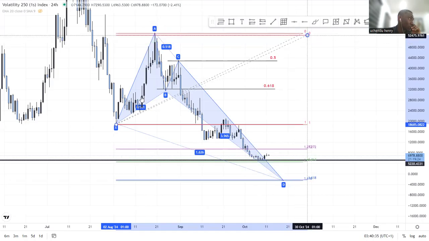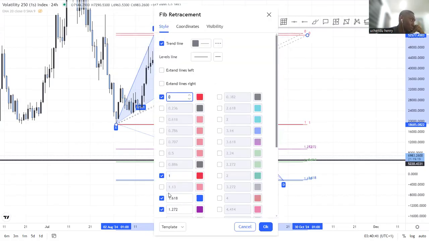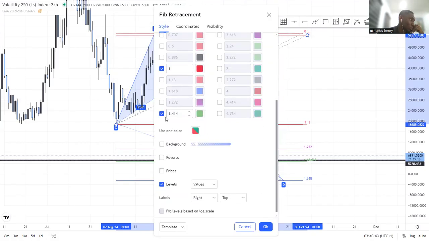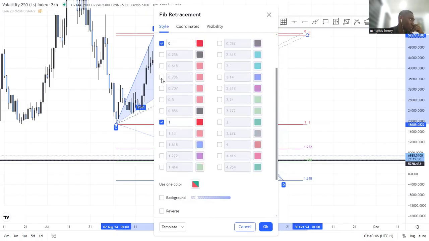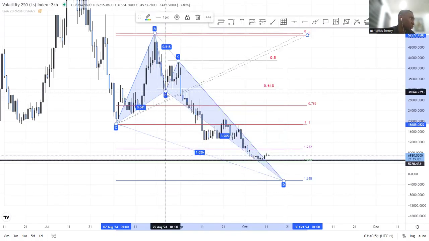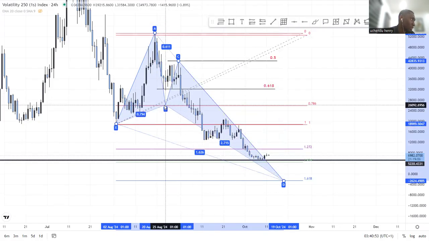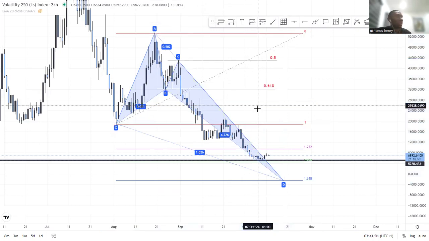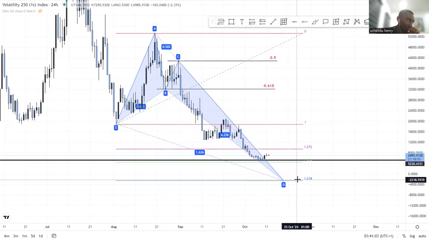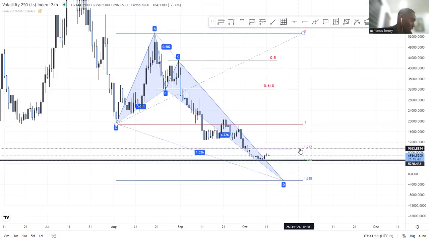So let me remove all of this and look at 0.786 and see where that comes. Very, very far. We're supposed to have had something like this for that to be valid. So the only thing that can work here is crab. But the only issue now is that this is where I should have completed, but then we're having this to be 1.414. That is the problem right now.